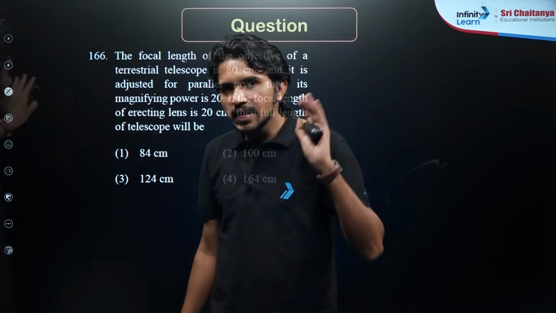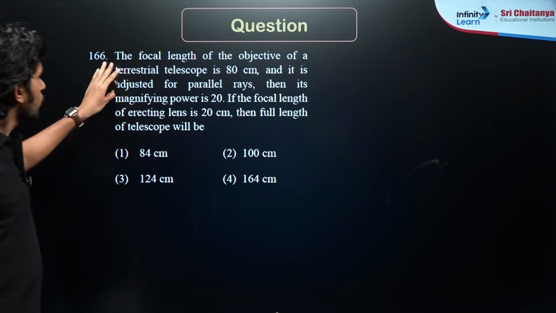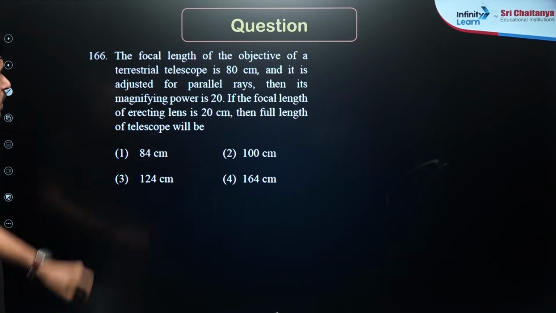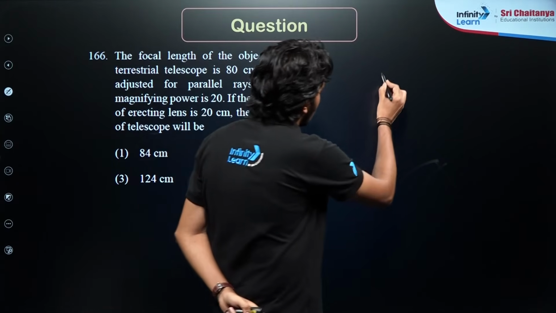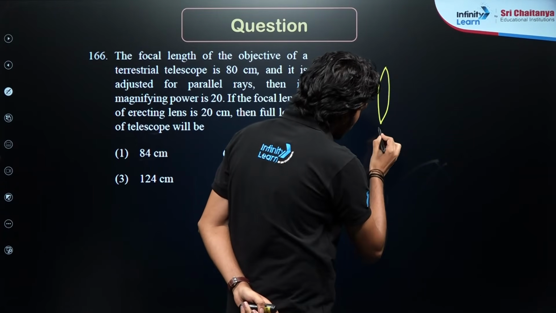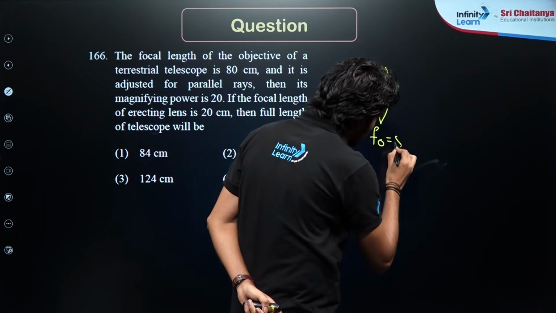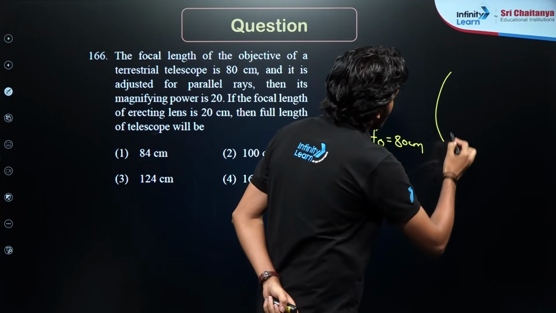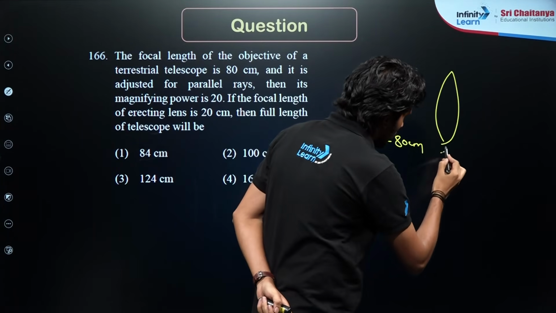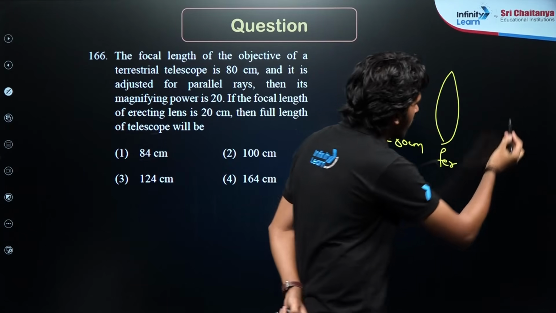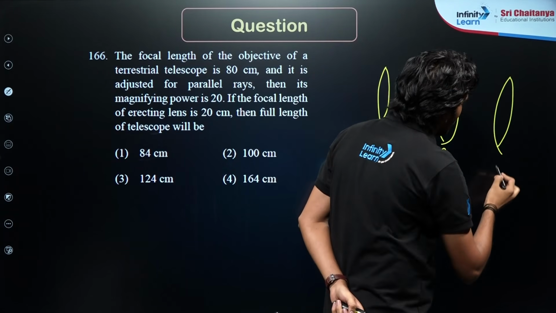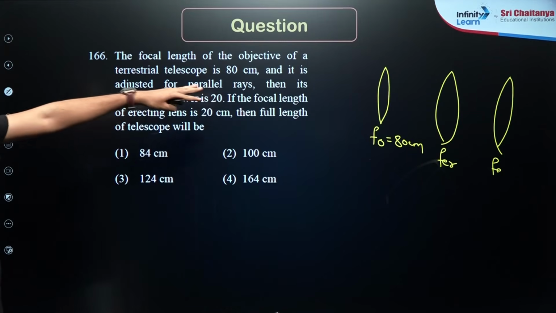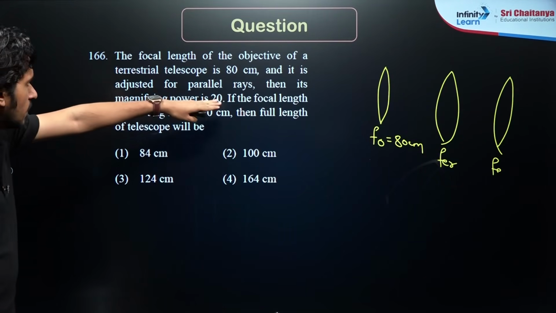Then in this problem we have the focal length of the objective of a terrestrial telescope is 80 centimeter. Focal length of objective is given 80 centimeter. Then erecting lens, then we have the eyepiece. Now let's write another value, and it is adjusted for parallel rays.